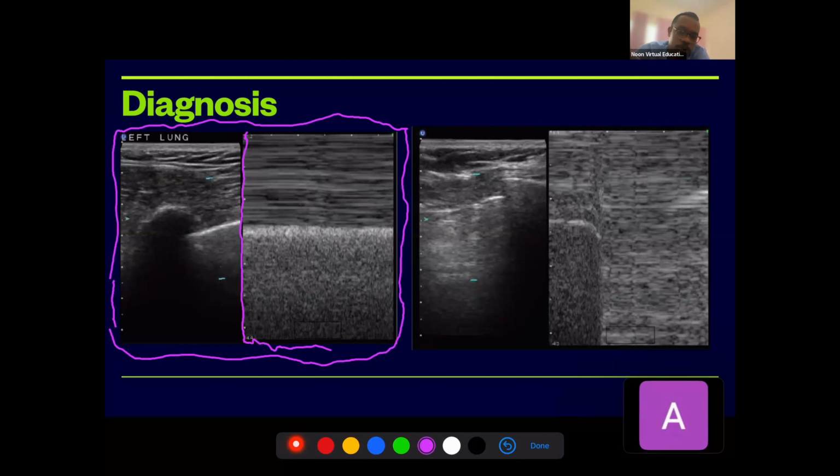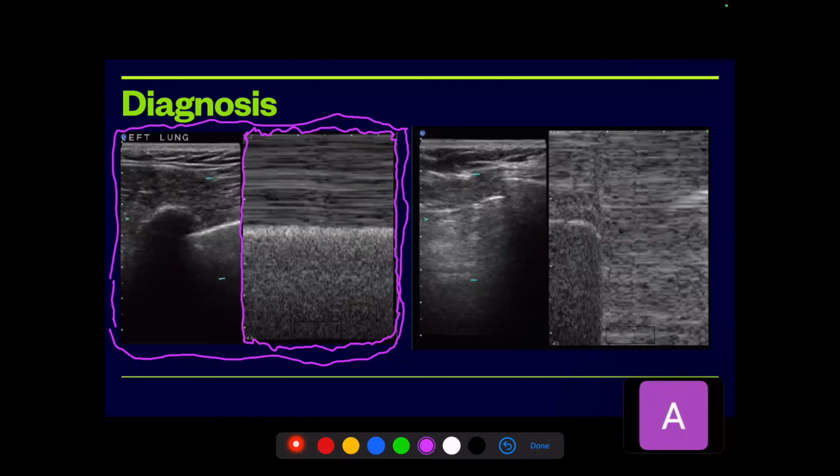Normal or abnormal? Yes, I would say this is a normal ultrasound. Very good. What is the sign in the ultrasound? You know the sign in the ultrasound? Seashore sign. Yeah, thank you.